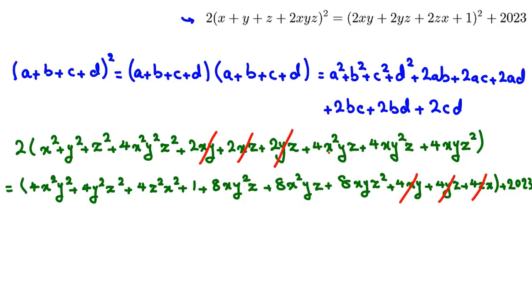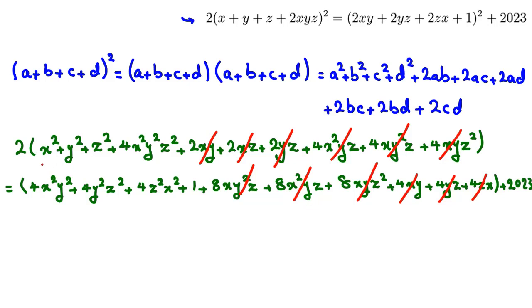We cancel 2 times 4x squared yz, 8x squared yz. We cancel x squared yz with this. 2 times this is 8xy squared z, 8xy squared z. Here 8xyz squared, 8xyz squared.